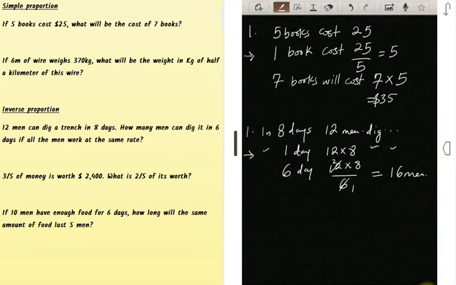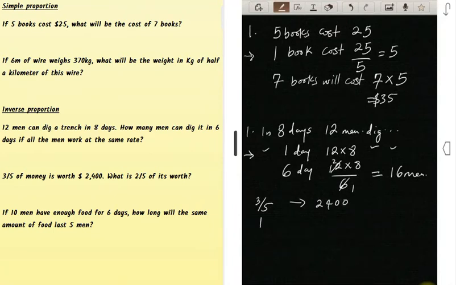Now, question number 2 on the inverse proportion. 3 over 5 of money is $2,400. What is 2 over 5 of it? Now 3 over 5 of an amount of money is what? It's $2,400.